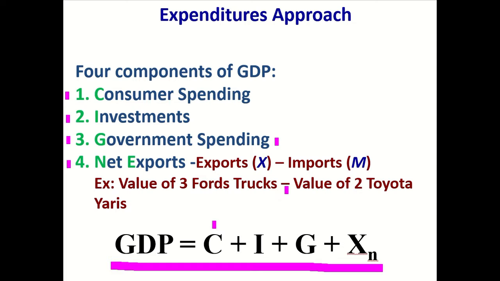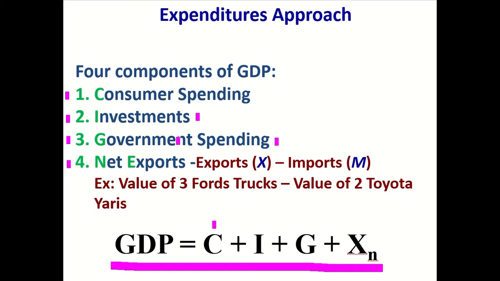This would be plus $50,000 net exports, so we would add 50,000 to this. If it were switched, and this was $50,000 for Fords and $100,000 for Japanese-made Toyotas, then we would subtract $50,000 from our other added spendings.